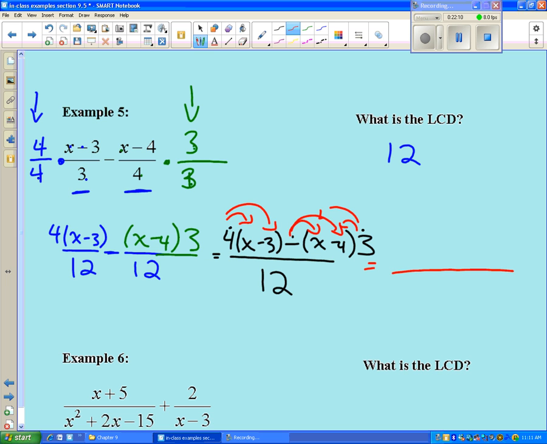But my denominator is going to be 12. Distribute the 4, I'm going to get 4x minus 12. Distribute the minus and the 3, I'm going to get a minus 3x plus 12.